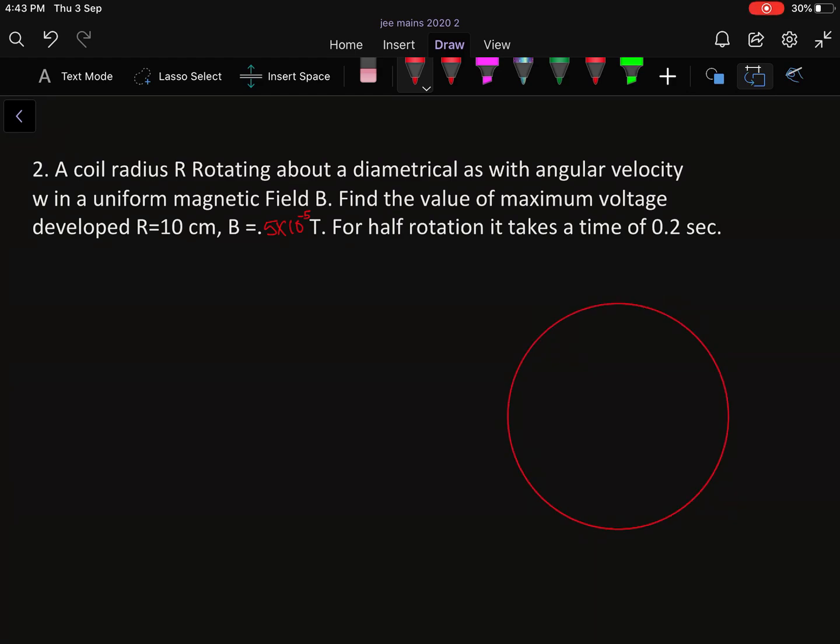Let's assume this is the circle, the coil of radius r, and B is also given, and B is inside, and it is revolving with omega. Now the flux, you know the flux formula, is B dot A. And here the area is changing with respect to the magnetic field.